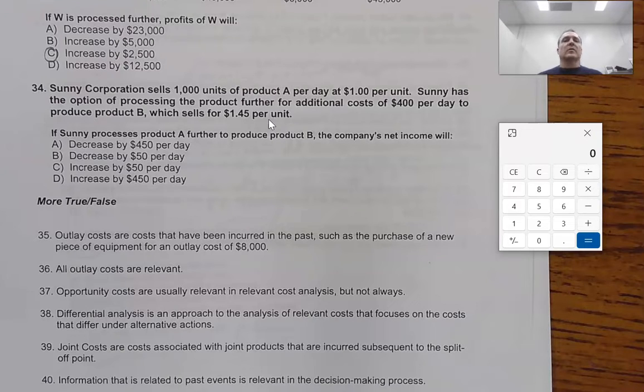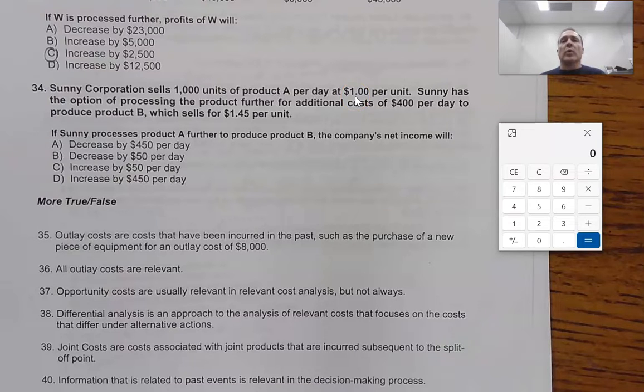Okay, so question says, if Sunny processes product A further to produce product B, the company's net income will. All right, so we know that they're selling these items for $1 each. How much do they have in these items? Doesn't matter. It's irrelevant because that's a joint cost. Okay, so even if we had $1.20 in the production process, up to this point we were losing money, that's not going to change our answer.